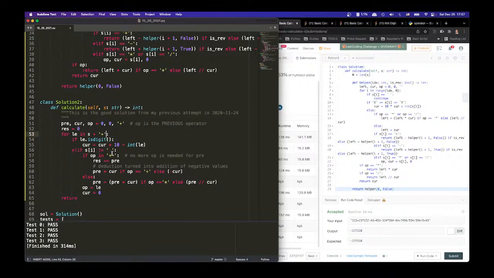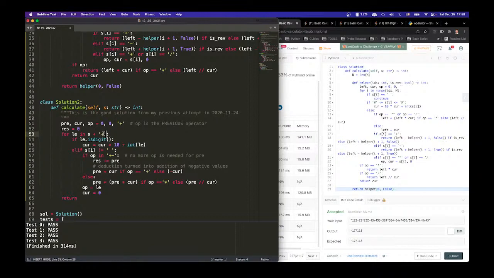We have a pre that is good, and what happens if I have a plus sign? So current is here, and then OP is going to be letter. OP is going to be this.